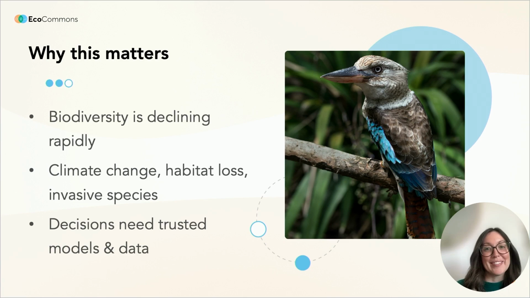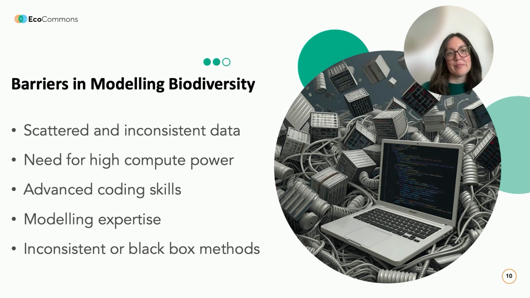But getting to this point really wasn't that simple. Before EcoCommons, the barriers made this kind of modelling almost impossible. Data was scattered across institutions and often in inconsistent formats, sometimes only accessible if you knew the right person. Running models required high-performance compute, and many ecologists simply don't have access to that, so work becomes stalled.